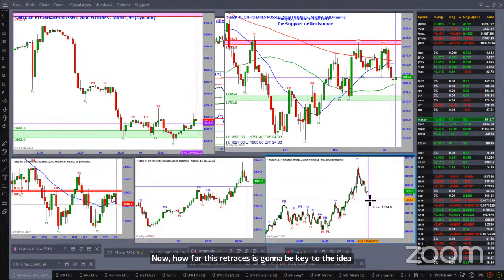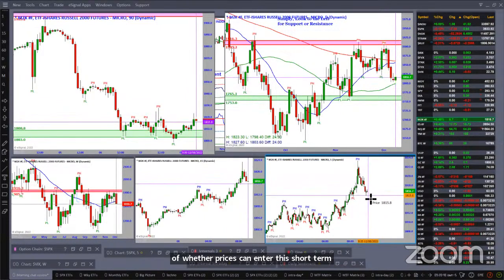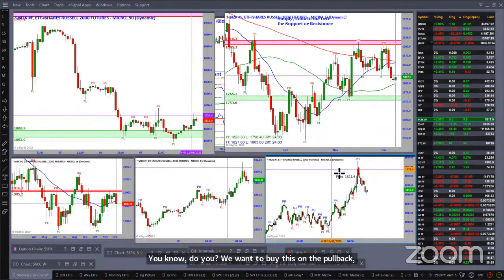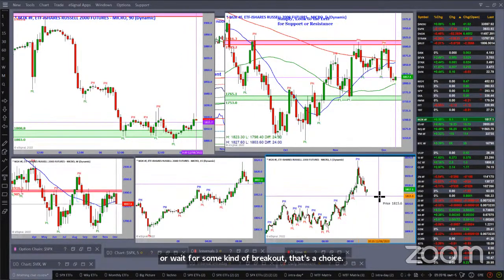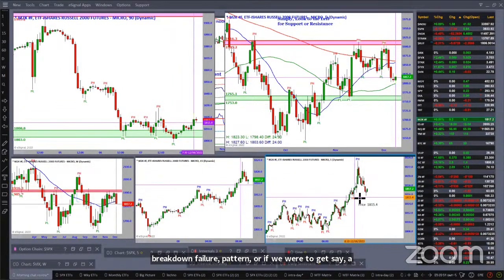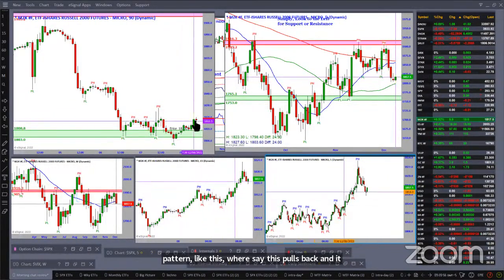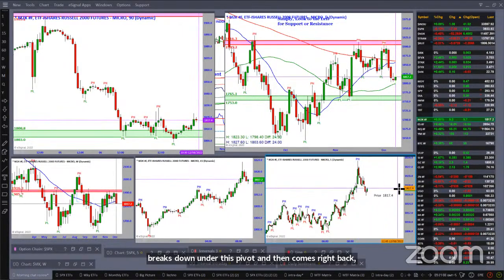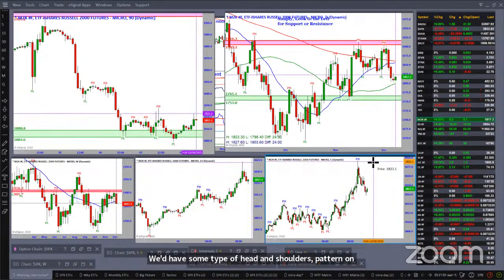Now, do we want to buy this on the pullback or wait for some kind of breakout? That's a choice. So if this begins to bottom out here, we get a type of breakdown failure pattern, or if we were to get, say, a pattern like this, where this pulls back and it breaks down under this pivot and then comes right back up again and it's going sideways here, we'd have some type of head and shoulders pattern on the 5-minute chart, and that could be a long entry before it clears this.